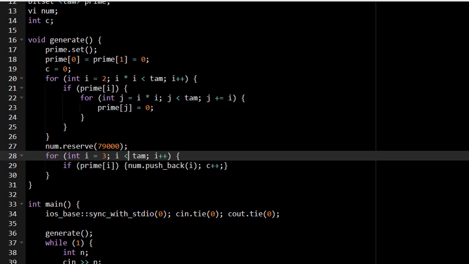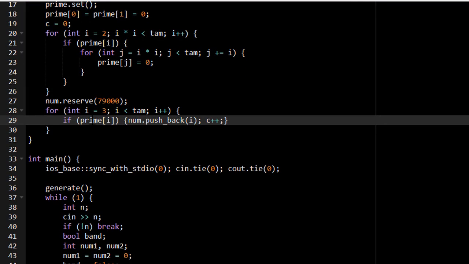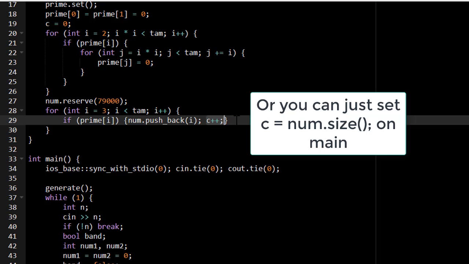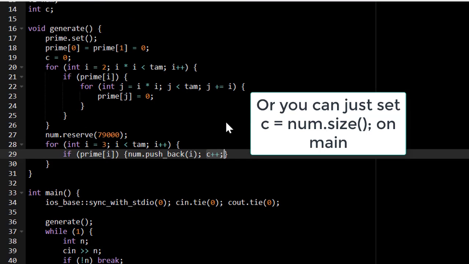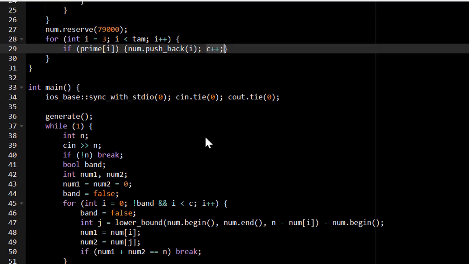Since the problem is asking us for odd prime numbers, our list of prime numbers is gonna start from 3 up to 1,000,005. If the number that I am currently looking at is prime, I'm gonna add it to the list, and I'm gonna increase the value of this variable c, which is the one that is gonna tell me how many prime numbers there are.